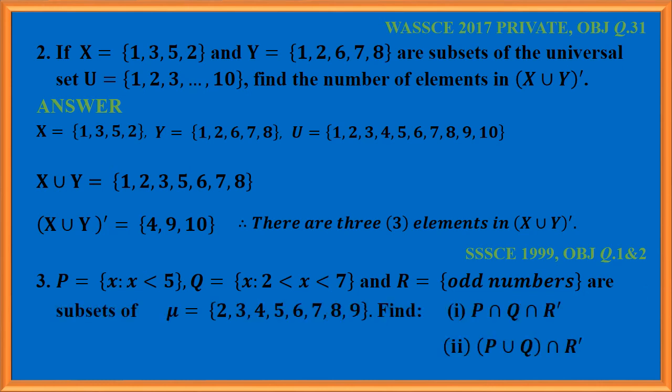And these are subsets of the universal set 2, 3, 4, 5, 6, 7, 8, and 9. Now we should find P ∩ Q ∩ R', and also find (P ∪ Q) ∩ R'.